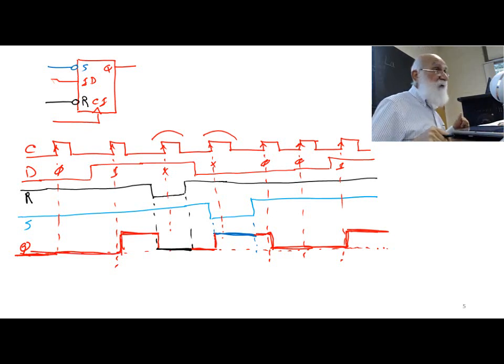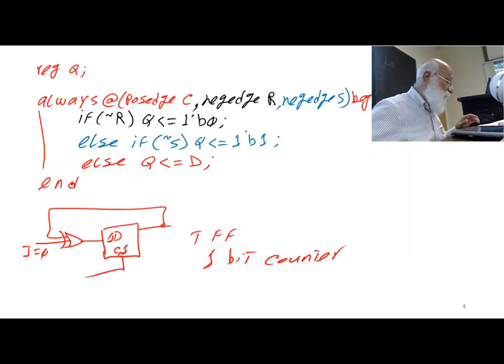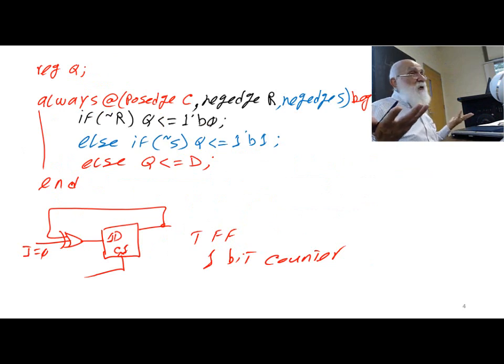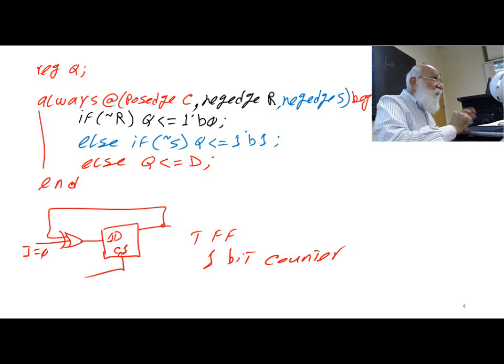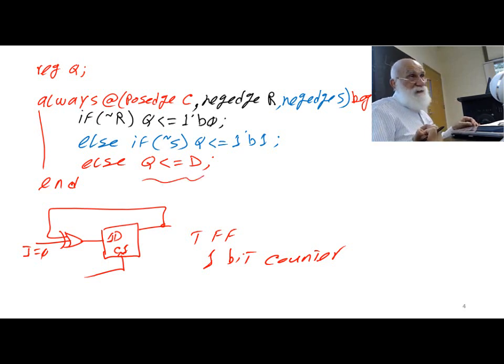And again, this timing diagram is consistent with the flip-flop notation I'm seeing, and also with the always statement that I'm seeing. Look, the always statement says what? It says, if the positive edge of the clock arrives, then only put D into Q if reset is not active and set is not active.